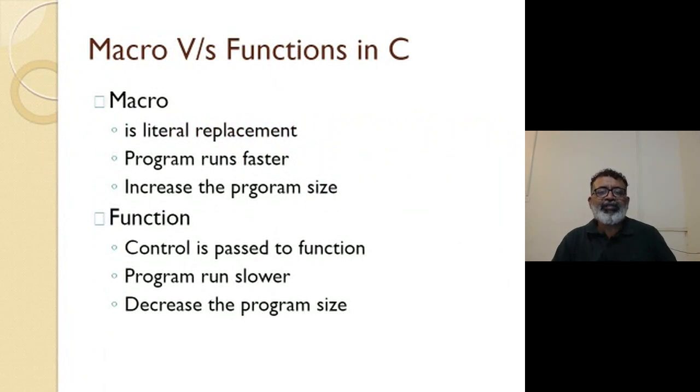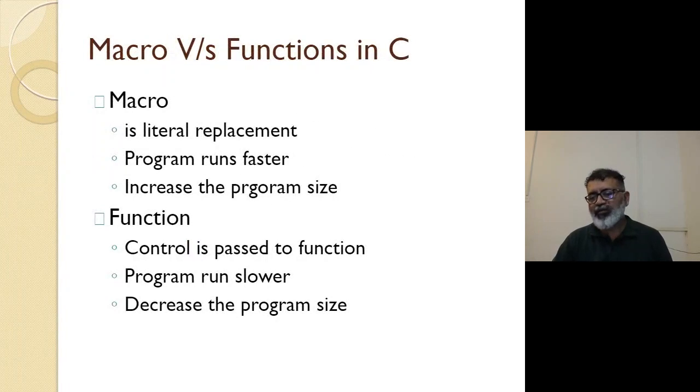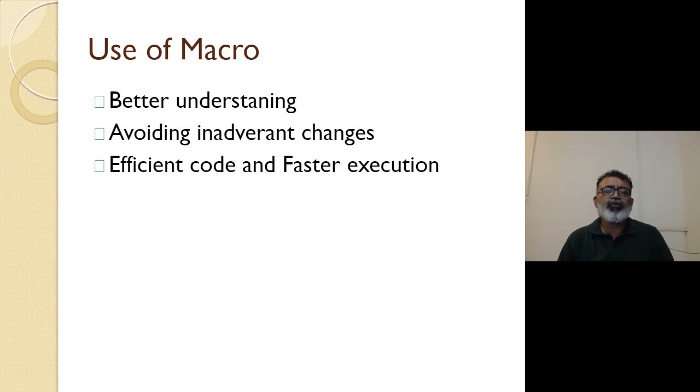So, macro versus functions. Let's see the use of macro, and tomorrow we will see more because it is almost 10 minutes past 8. Use of macro: better understanding of the program, because it is always better to read pi into r into r instead of 3.14 into r into r.